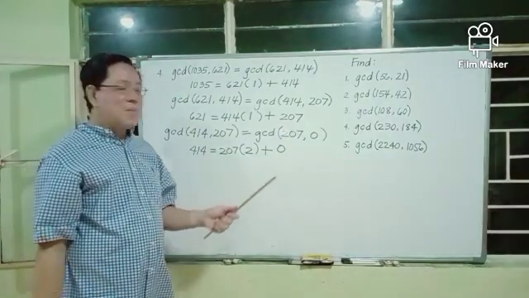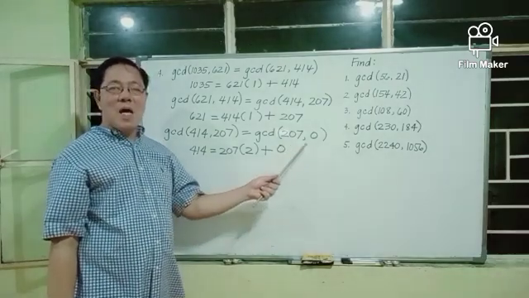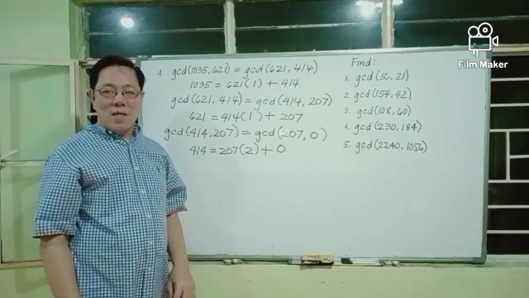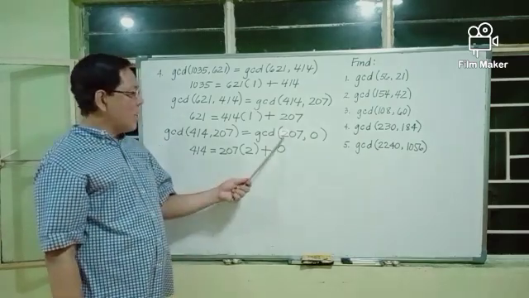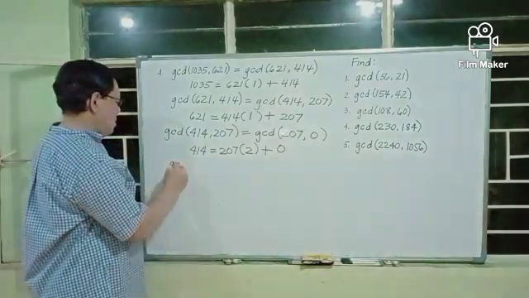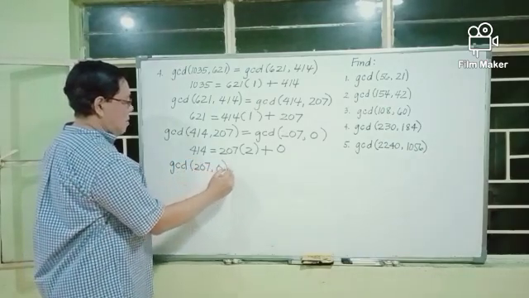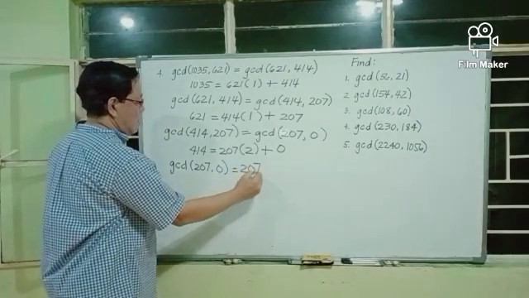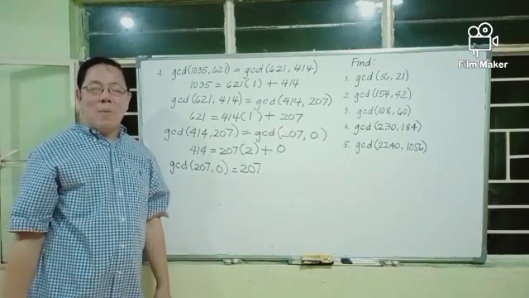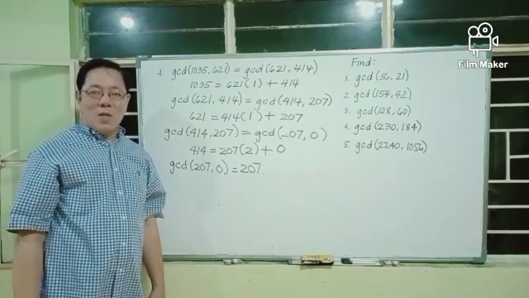And finally, we have the greatest common divisor of an integer a, which is 207, and 0, which we have shown earlier is equal to a if a is greater than 0, like 207 greater than 0. Hence, applying the property, the greatest common divisor of a and 0, where a is greater than 0, is equal to a.